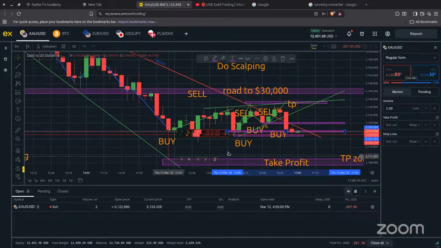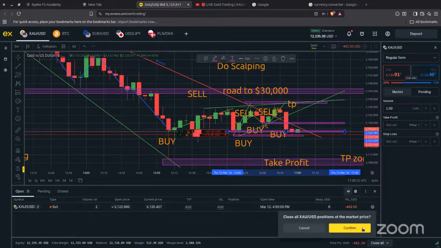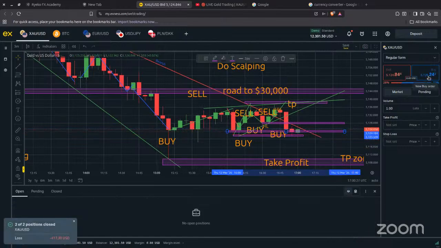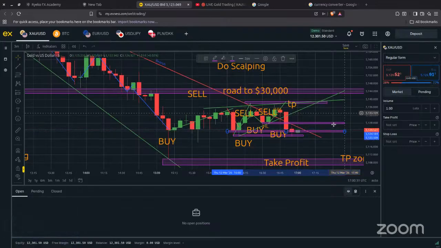It didn't close below that one, so it's going to go to a buy. Let me just close this and buy instead. It's just going to go for a little bit of a buy here.